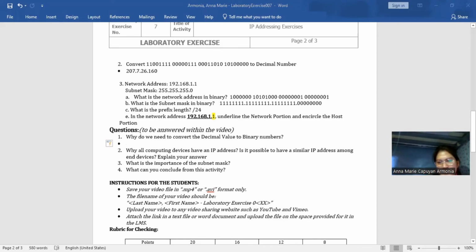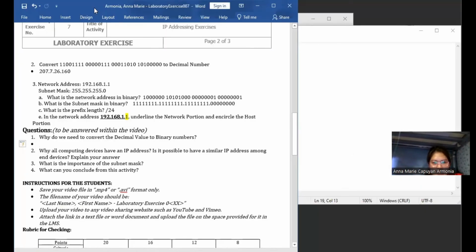And this one is, why do we need to convert decimal value to binary?